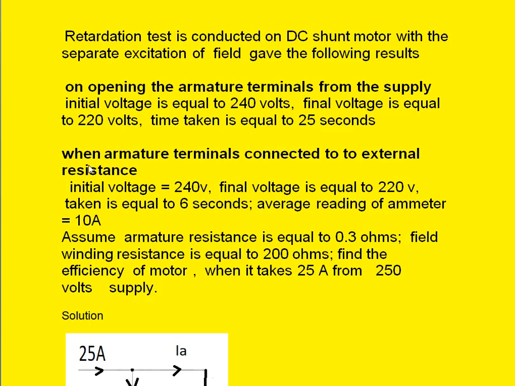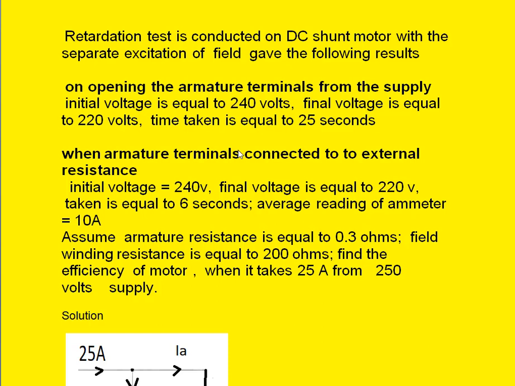then there is another test. In this test, again we connect the armature terminals to the supply and we apply the voltage slightly above the rated voltage. Then the motor will automatically attain the speed more than the rated speed.